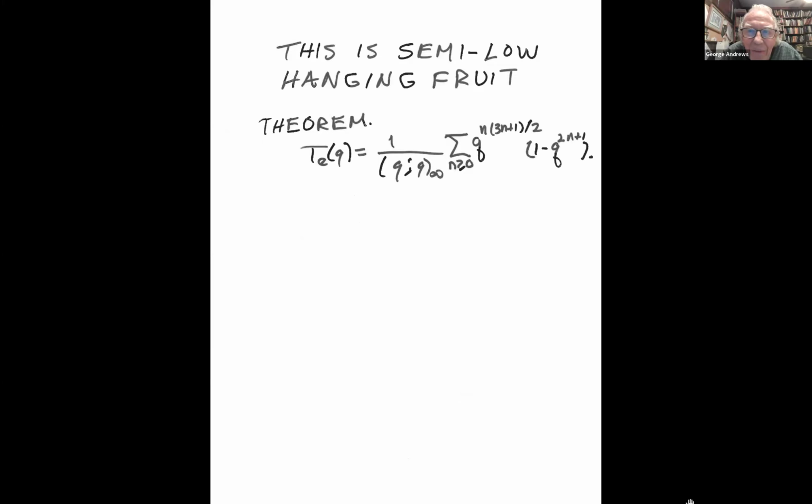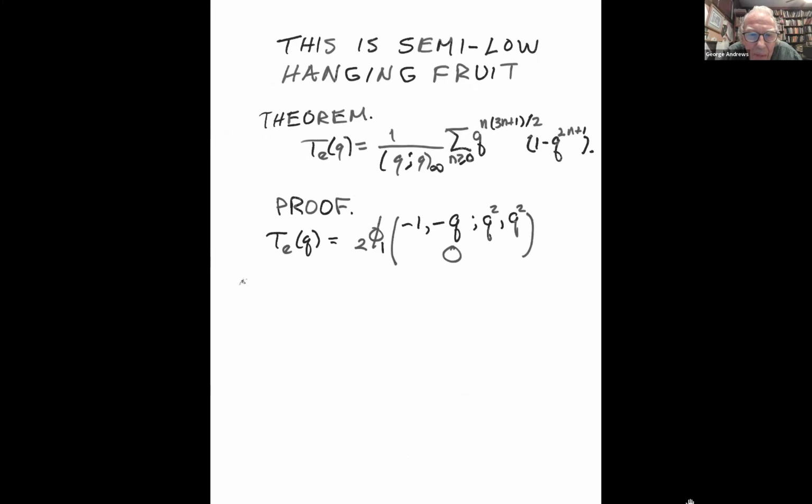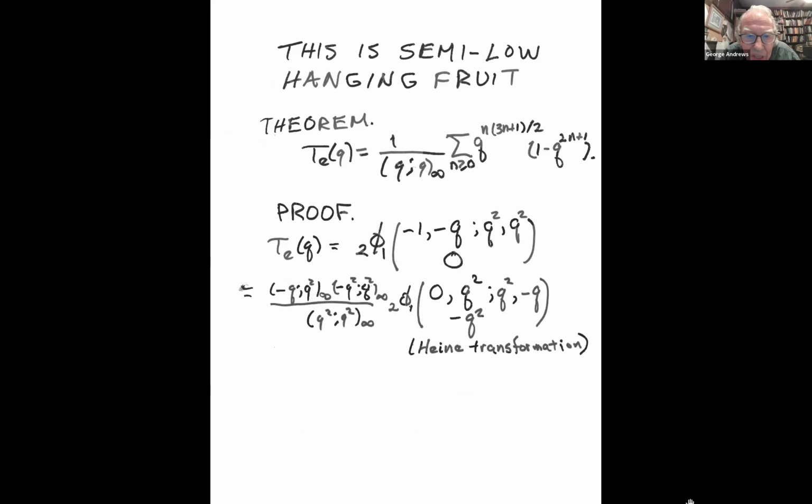Well, this is, again, semi-low-hanging fruit. T sub e, you can rewrite what I had back there as this 2 phi 1, the classical q hypergeometric series, which transforms by Heine's transformation.